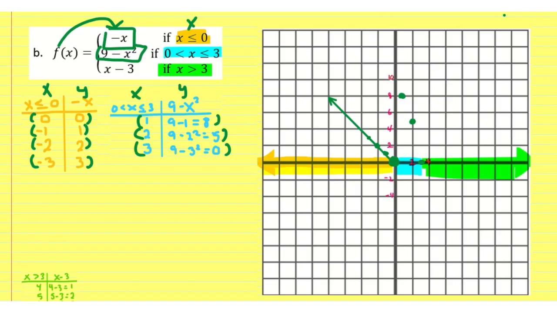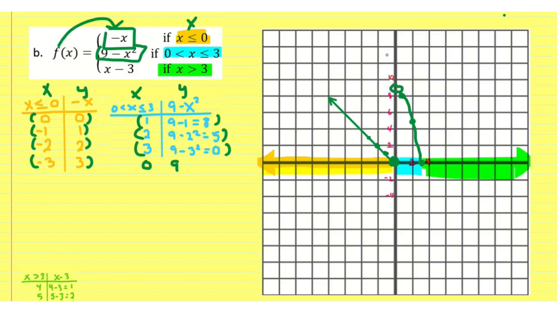Okay, and so I need to connect those 3 dots. So here's the thing, if I put in 0 right here, then it's going to be 9 minus 0, so it's going to produce 0, 9. But that would be an open circle. So open circle right there. But then it's going to connect down to that 3 right there. So just pretend like it's a little bit straighter.